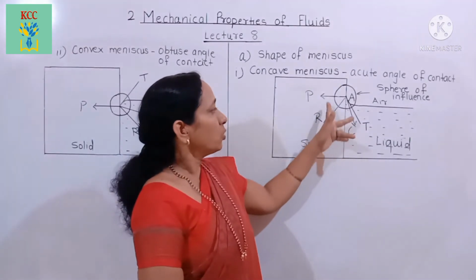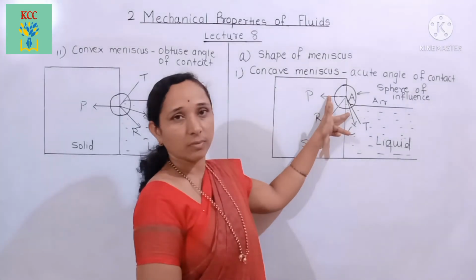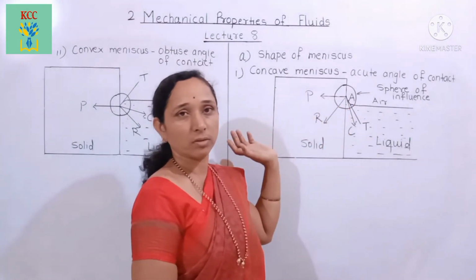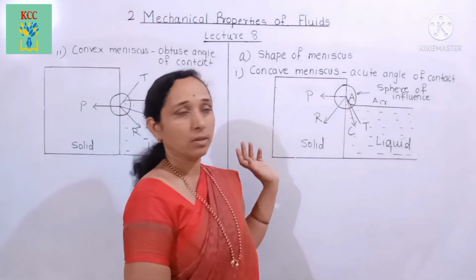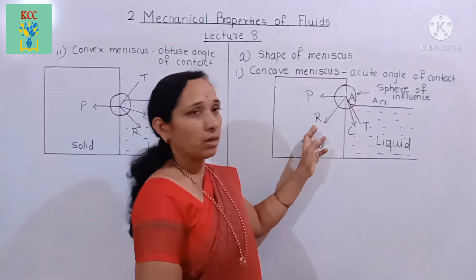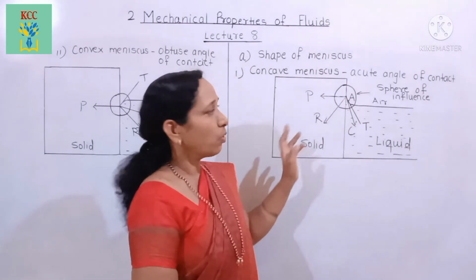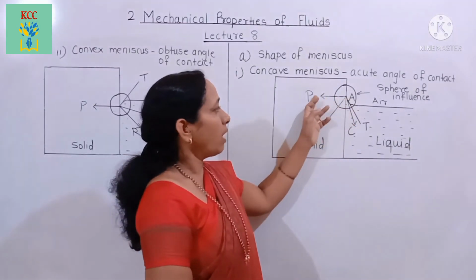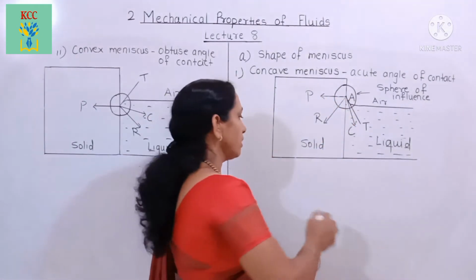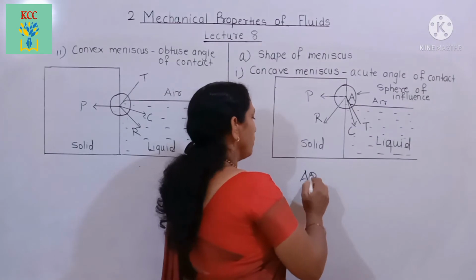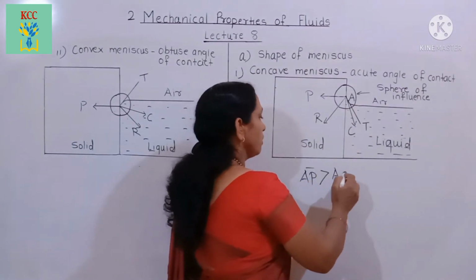Due to both forces, their effective force, that is resultant force, it is AR bar. It is directed into the solid because here AP bar is greater than AC bar.